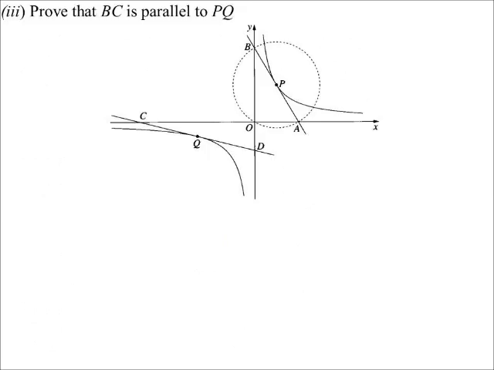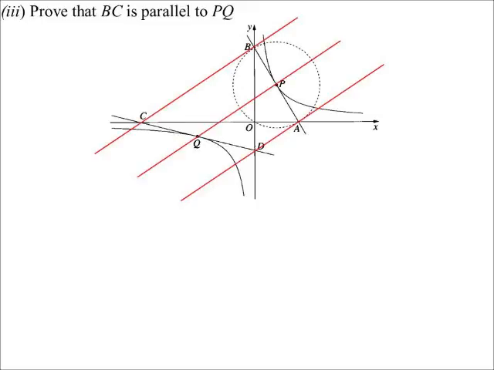Prove that BC is parallel to PQ. I've actually drawn a third line in there as well, you'll notice. I've drawn in AD. Now why have I done that?